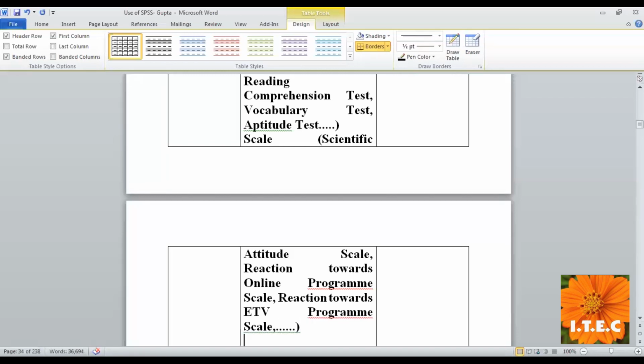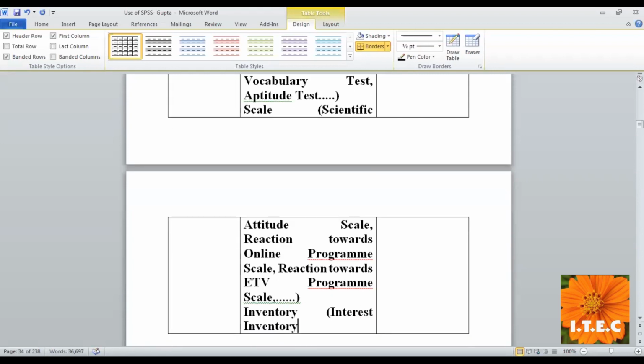Then you have inventory. For example, interest inventory. For example, vocational preference record.